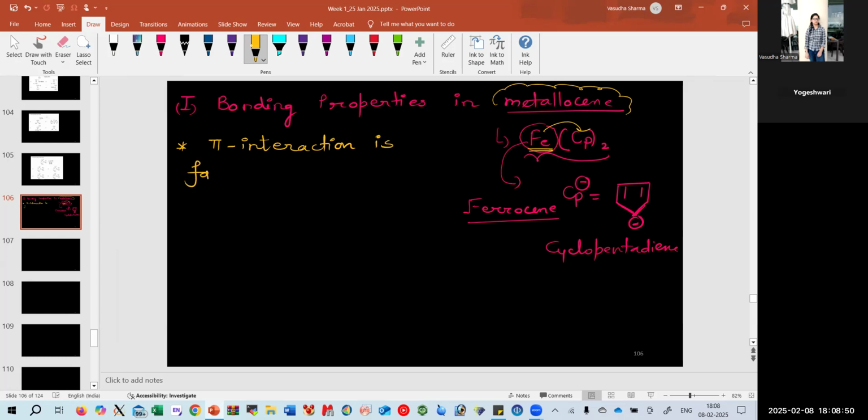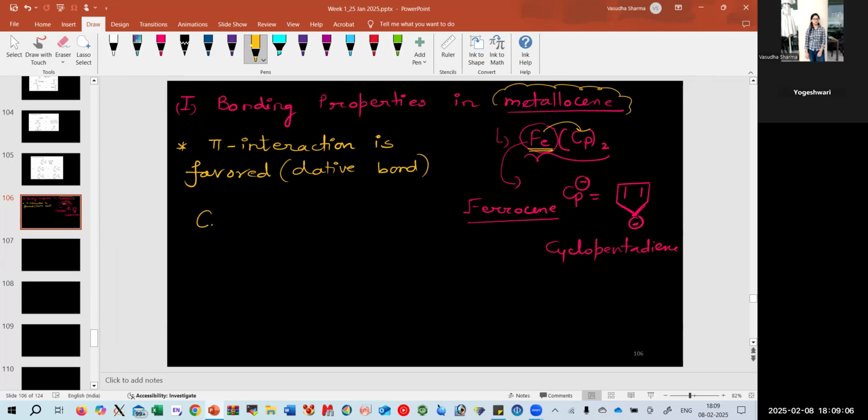That means pi interaction is favored, meaning that is a dative bond. Dative bond is something from ligand lone pair going to the metal empty orbitals.